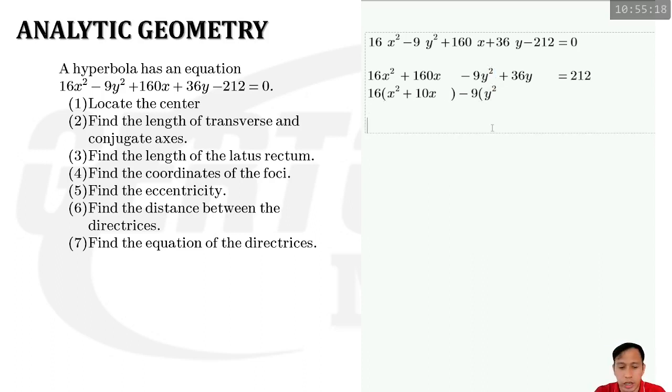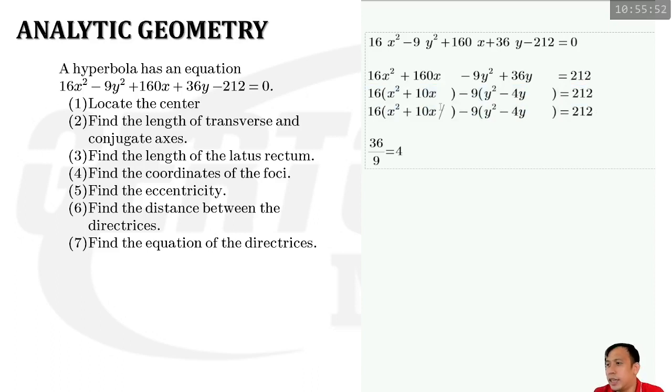Ilan ba yung 36 over 9? It's equal to 4, no? But take note, guys, na yung factor out ko is negative 9, so dapat maging negative to in order for it to go back to positive 36 if i-distribute na natin. Equal to 212. Okay? So, let's continue.